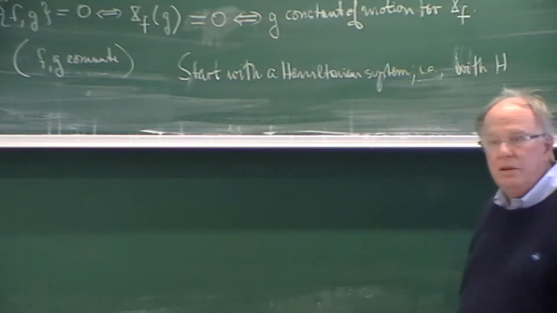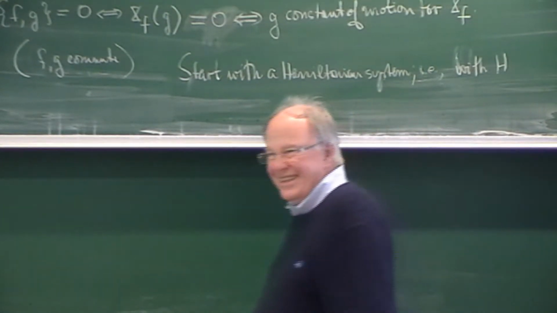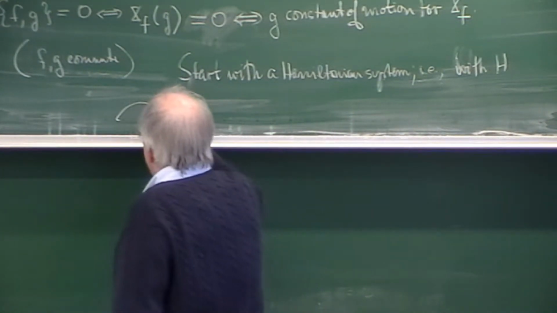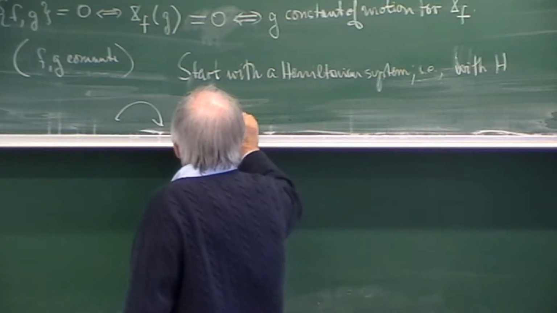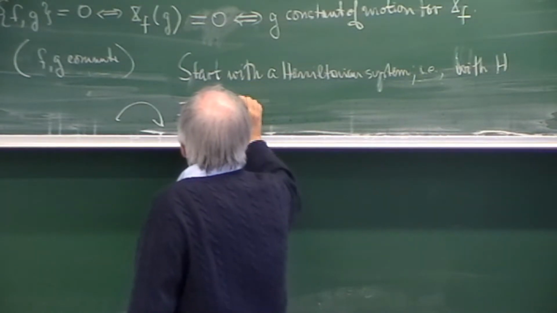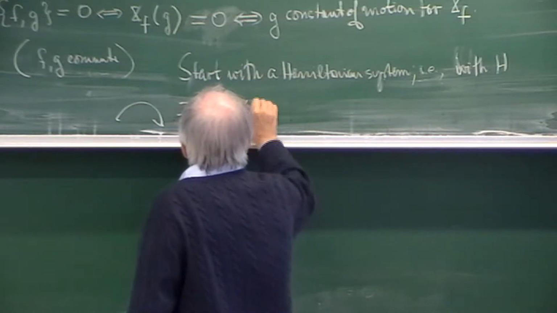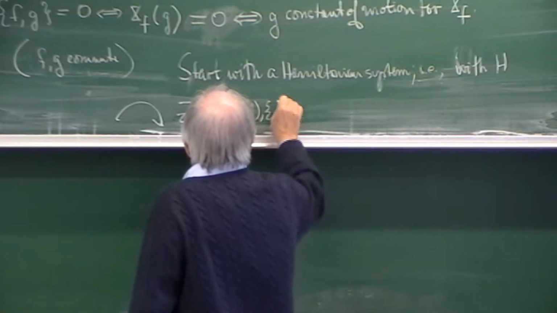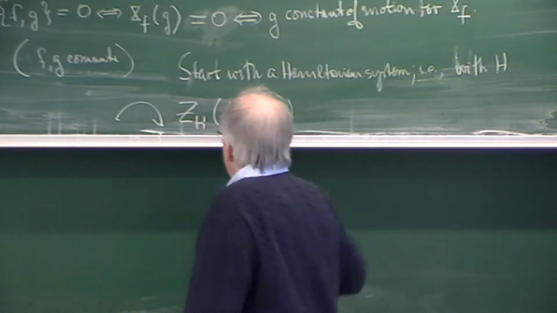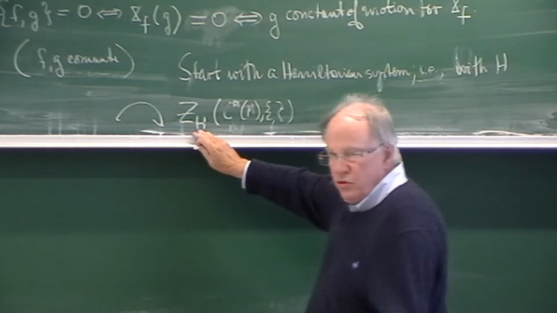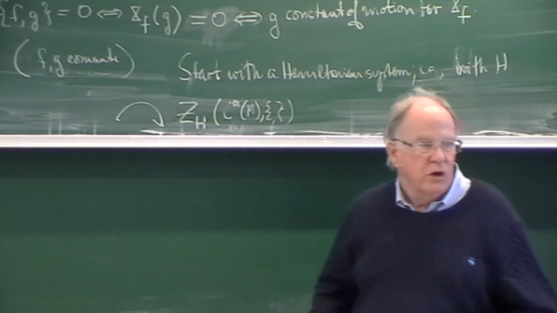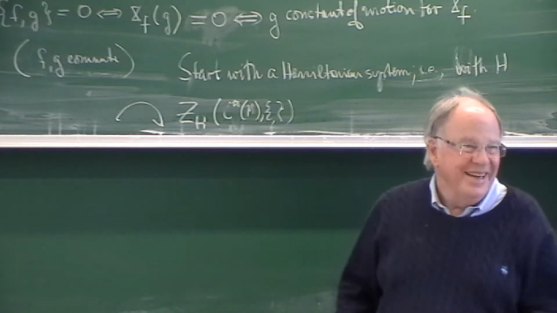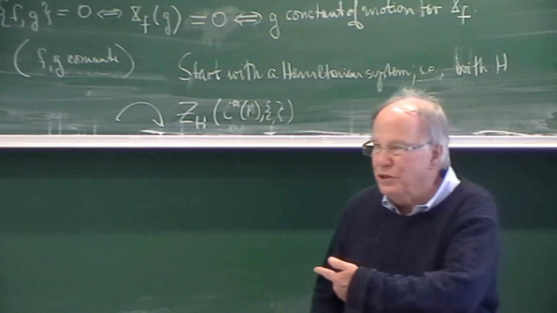Unless you were stupid, and you are not, the first thing you look at then is the centralizer of H in the Poisson algebra of the C infinity functions. This is a word. It just means everything that commutes with H. The word auf Deutsch is Zentralisator, so Z, because this whole theory starts in Germany.